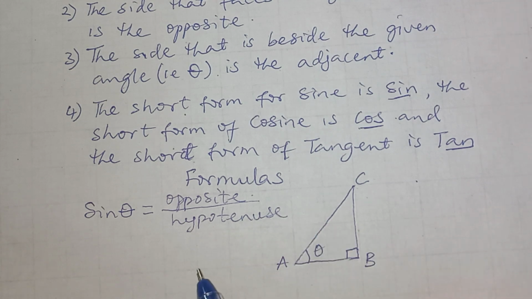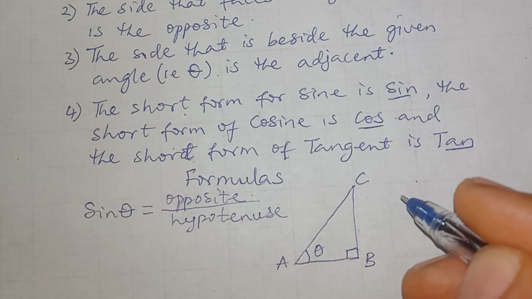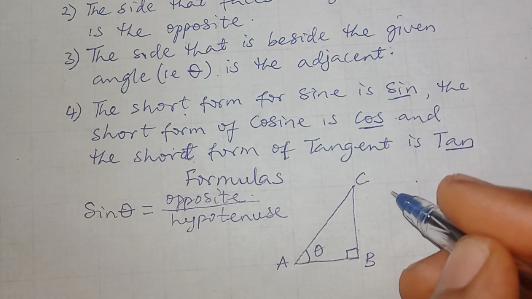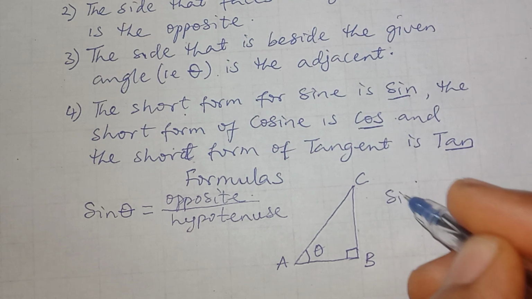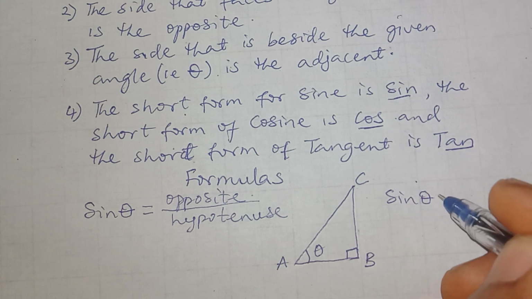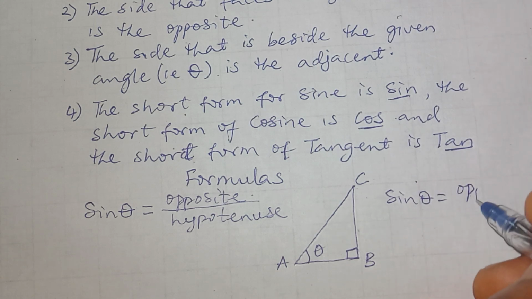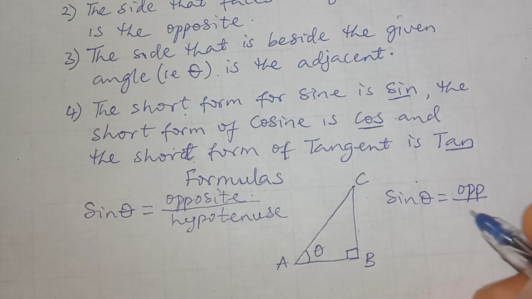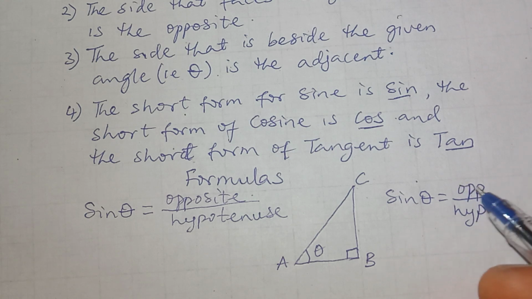Sin theta is equal to opposite over what? Hypotenuse. So the short form of how we write it is that sin theta is equal to opposite over hypotenuse, where this is the short form of writing hypotenuse and this is the short form of writing opposite.